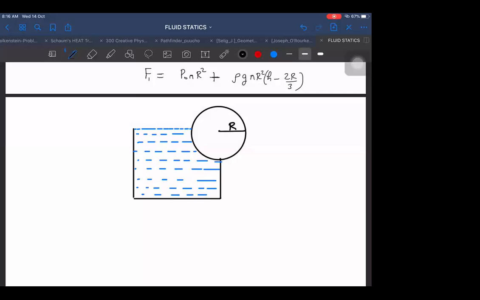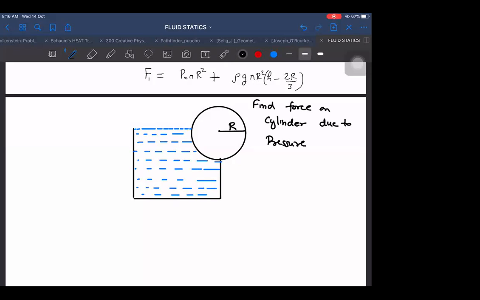Find out the force on this in vertical as well as in horizontal direction. On what? When I am saying force on cylinder due to pressure, it means I am saying net pressure.